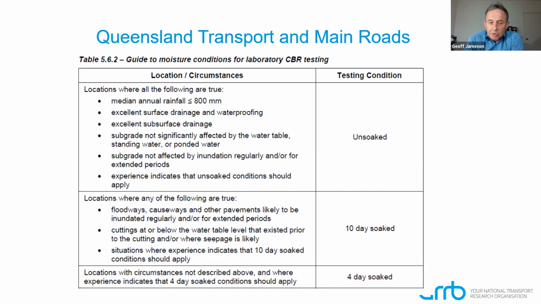But these sort of rules, for example, that rule about 800 millimetres wouldn't apply in Melbourne here. Melbourne's rainfall is less than 600 millimetres, less than 800 millimetres. But VicRoads, for example, if they were designing a pavement in Melbourne, would use a 4-day soaked CBR.